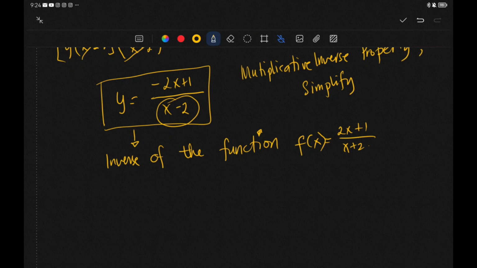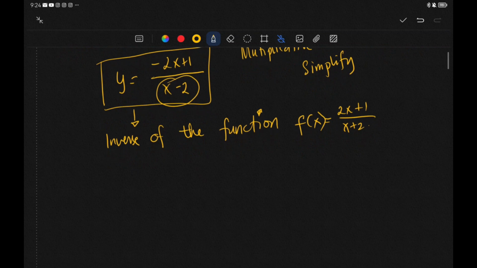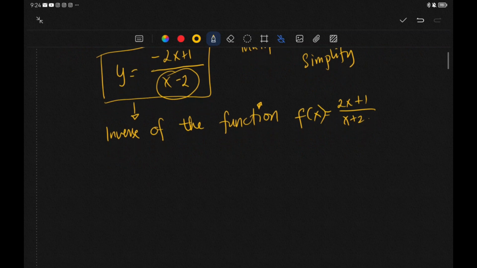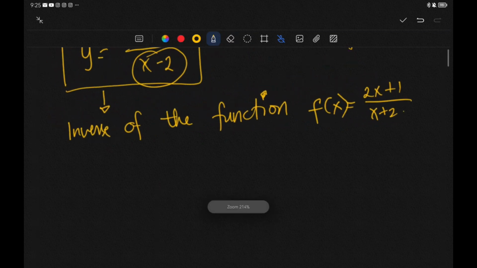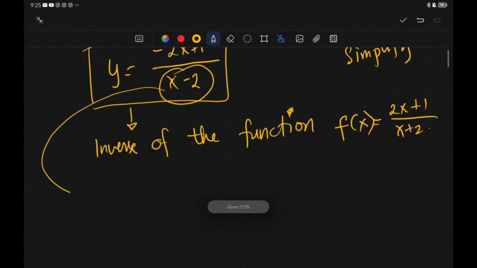This restriction applies to the possible outputs or range of the original function. So, we are going to focus on the denominator of the inverse of the function. The denominator here is x minus 2, and this should not be equal to 0.